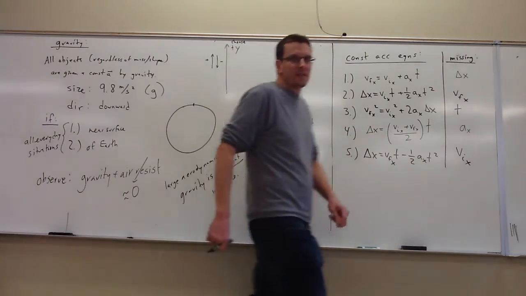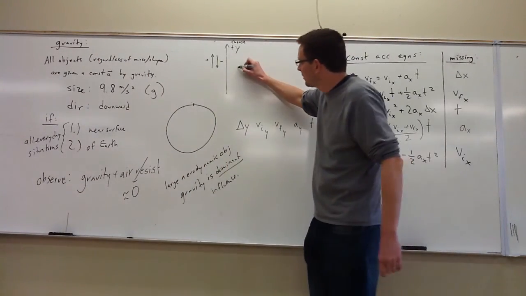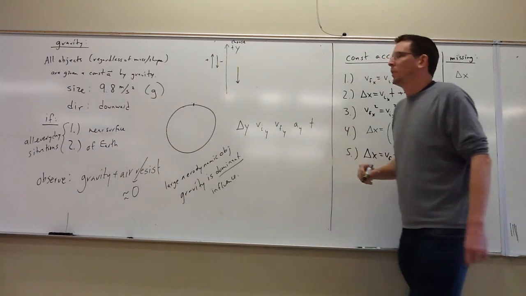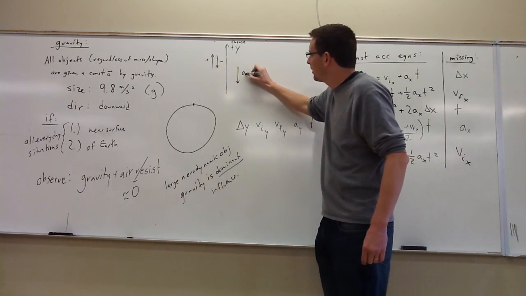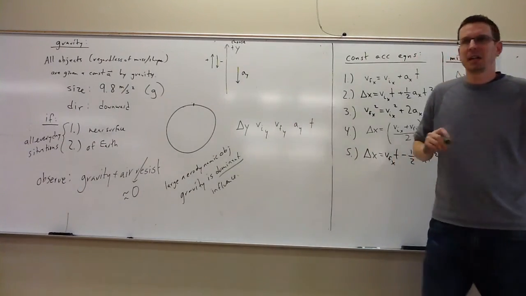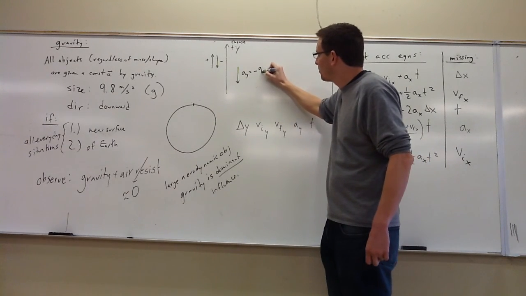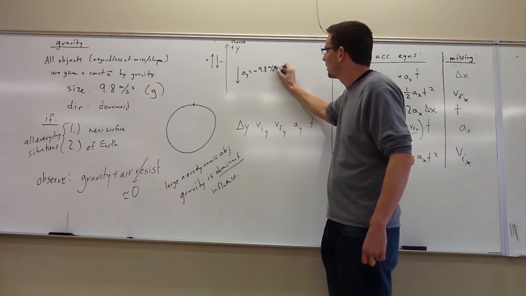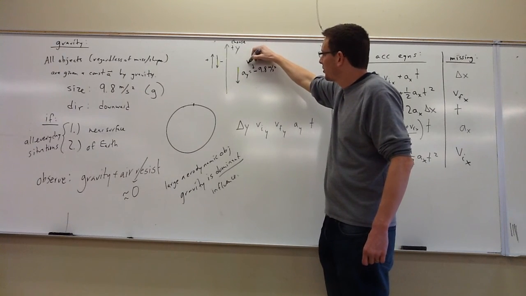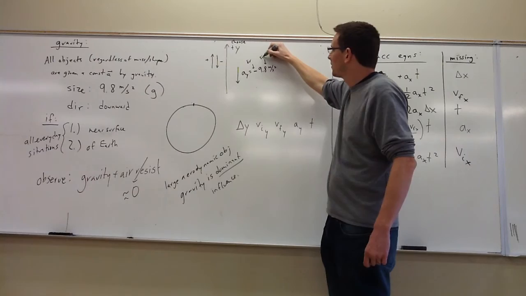So in this case, downward is this way. So my acceleration would be plus or minus? Minus. According to that choice, downward is minus. What's the amount? 9.8 meters per second squared. There's the direction. There's the size.